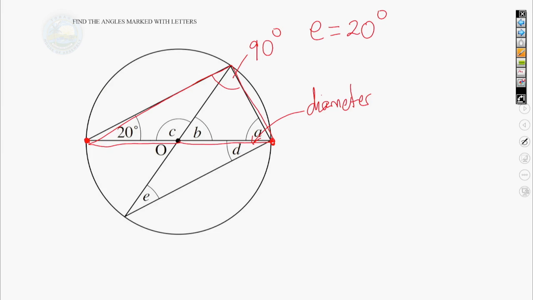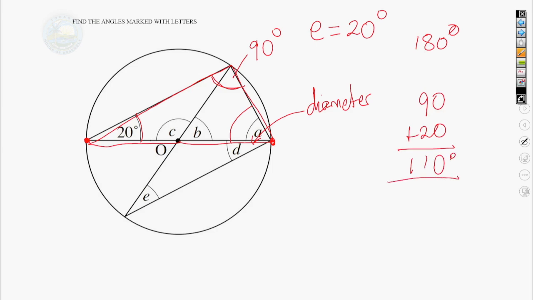If we add up all of the interior angles in a triangle, the sum is 180 degrees. So if we know this angle is 90 and this angle is 20, can we determine what A is? But of course, 90 plus 20 is 110.